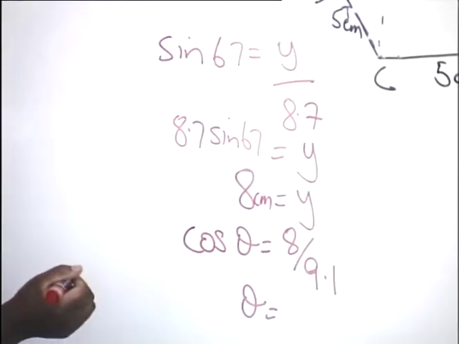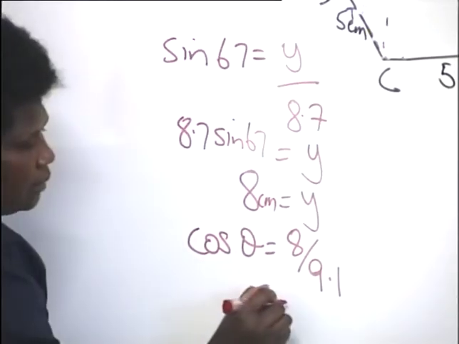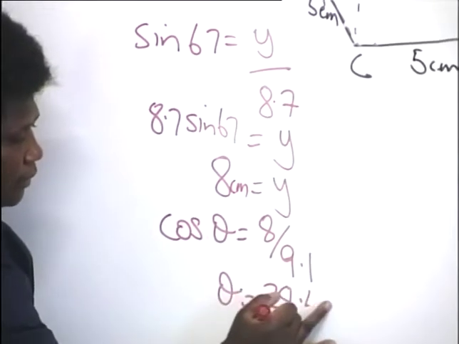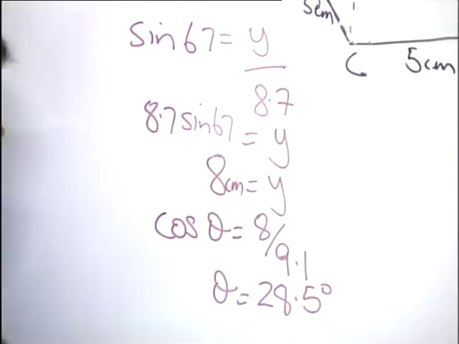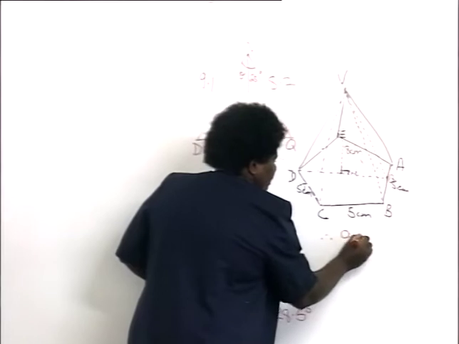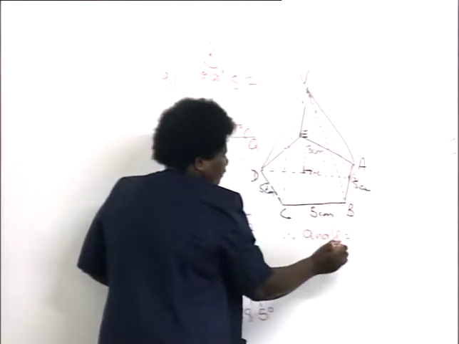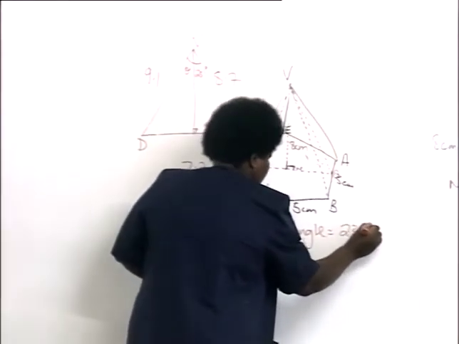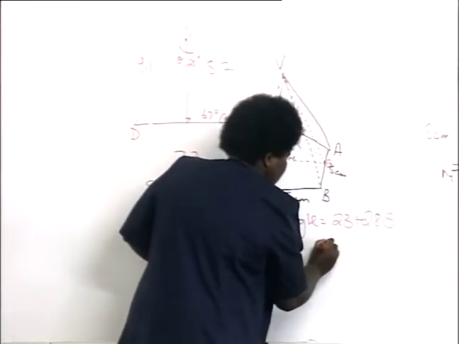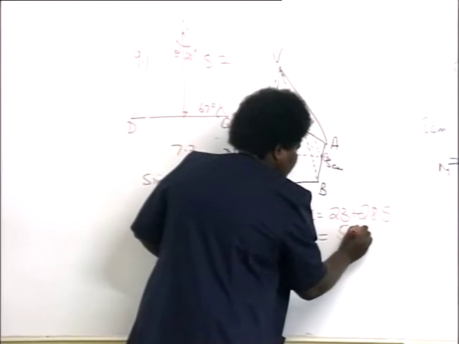So what's theta? 28.5? Okay, to 1 decimal place. Therefore, the angle we are looking for is 23 plus 28.5, which is 51.5 degrees.